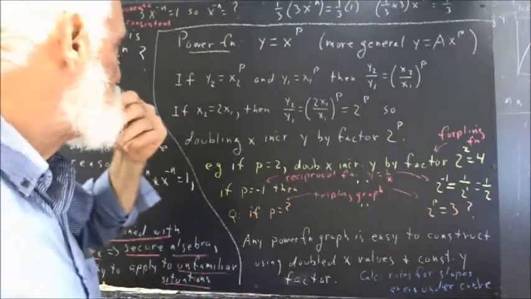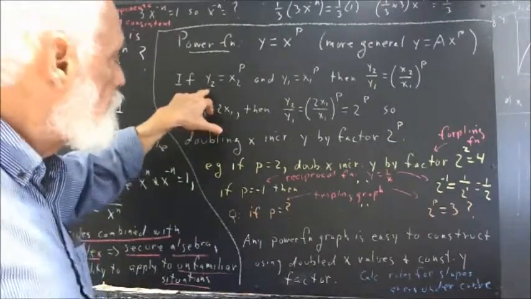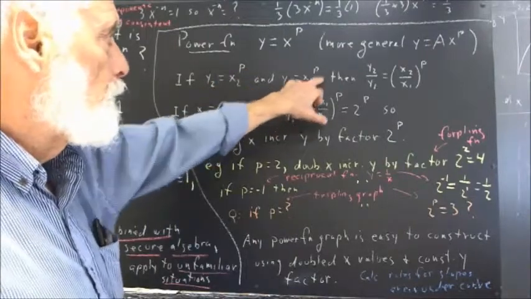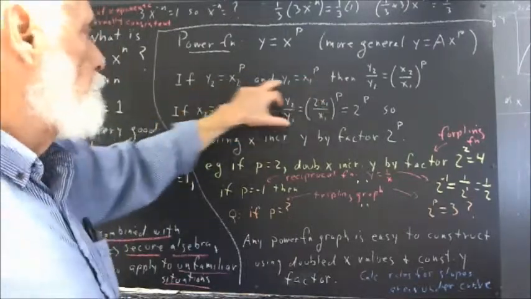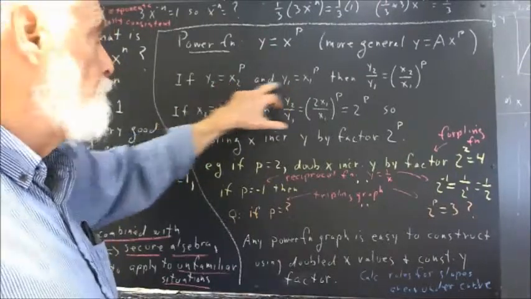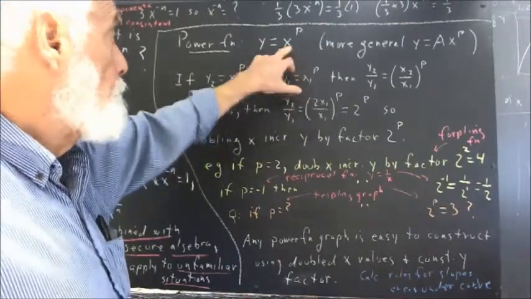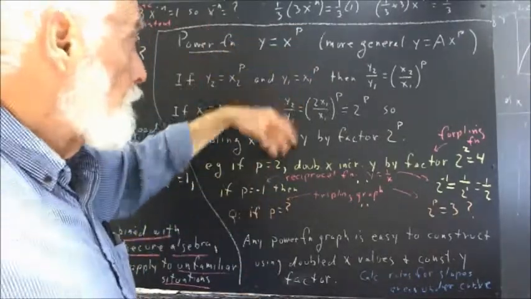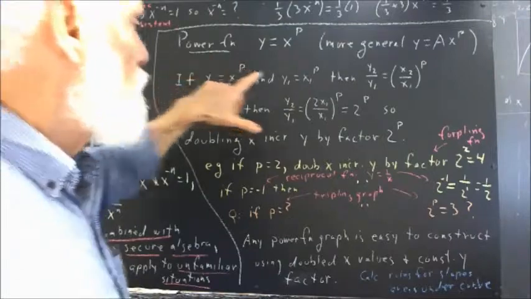Okay, so if y2 equals x2 to the p and y1 equals x1 to the p, that is, y2 and y1 are values of y that correspond to values x2 and x1 for the power function y equals x to the p, and this could be for any power. Then what do we have?